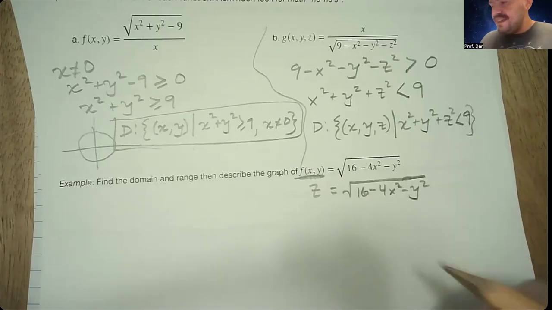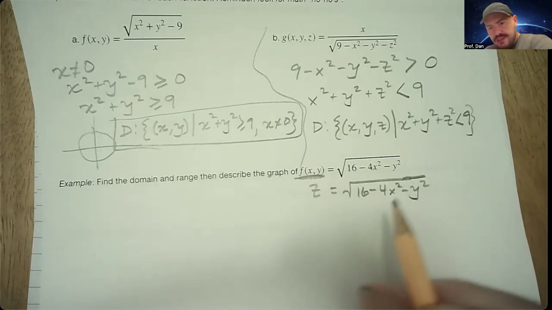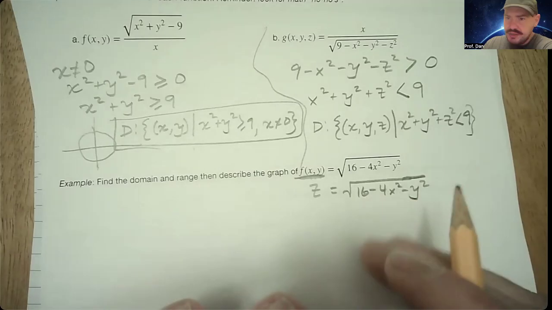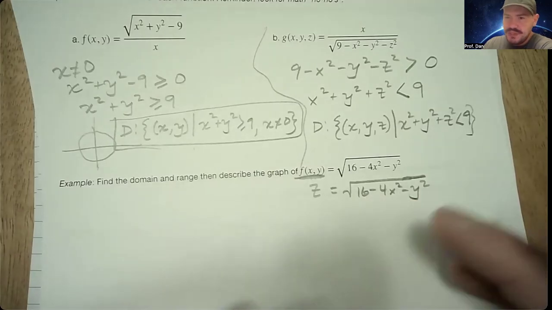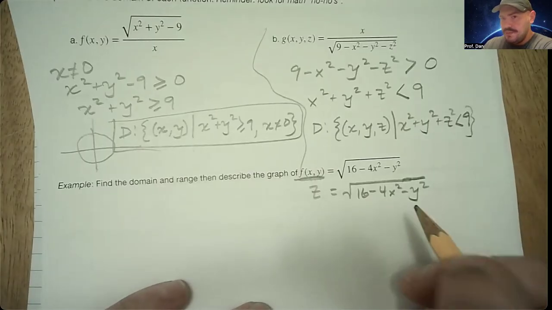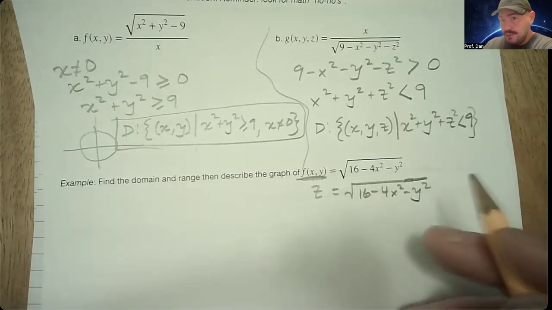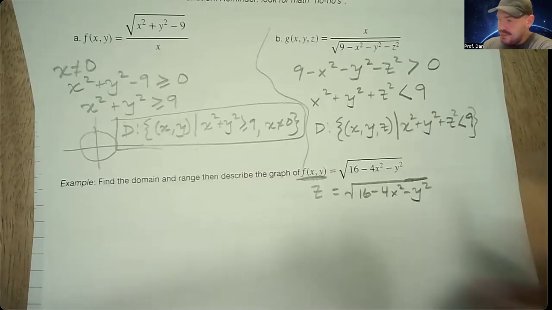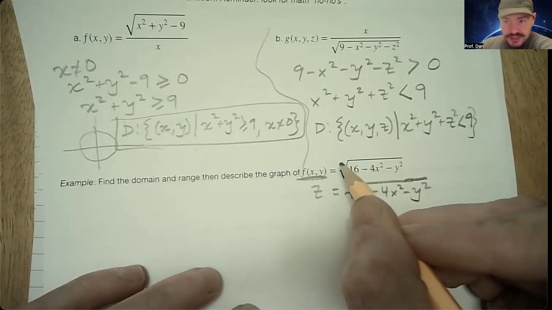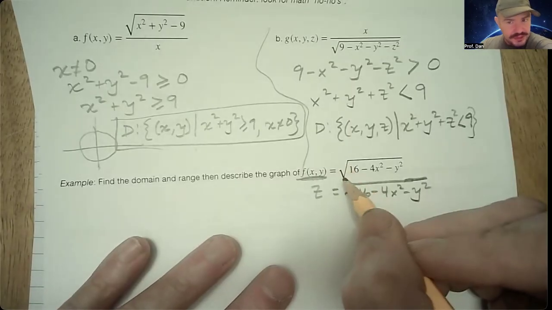So if I wanted to get an idea of what this might look like, I would need to rearrange this to be closer to what we would call standard form, for example when we're looking at quadric surfaces. One thing I do want you to note, though, is that this is just a square root, a positive square root, there's not a plus or minus.